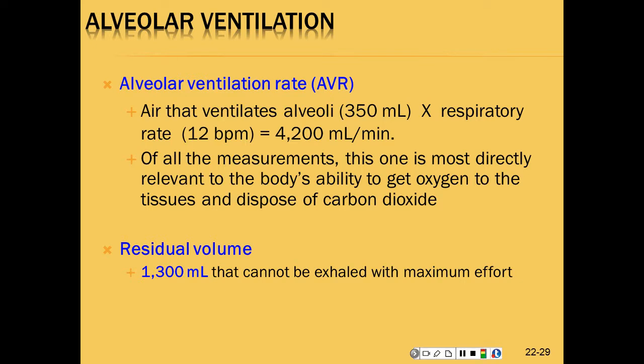Then we're going to multiply it by a respiratory rate, which is 12 breaths per minute. This is normal now, not diseased or exercise, these are normal values. It gives us our AVR value of 4,200 milliliters per minute.